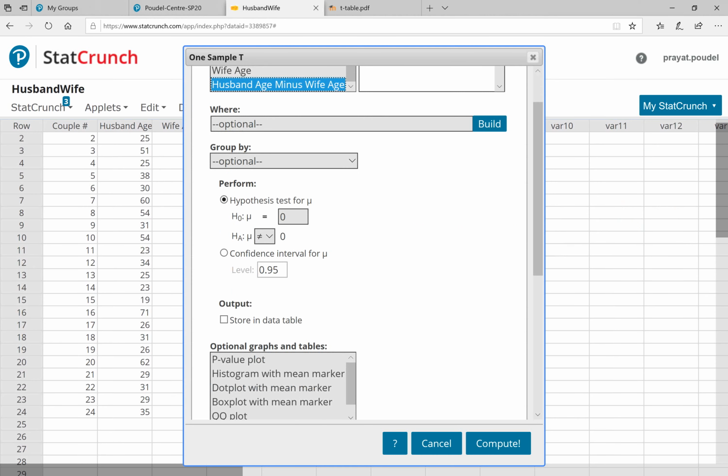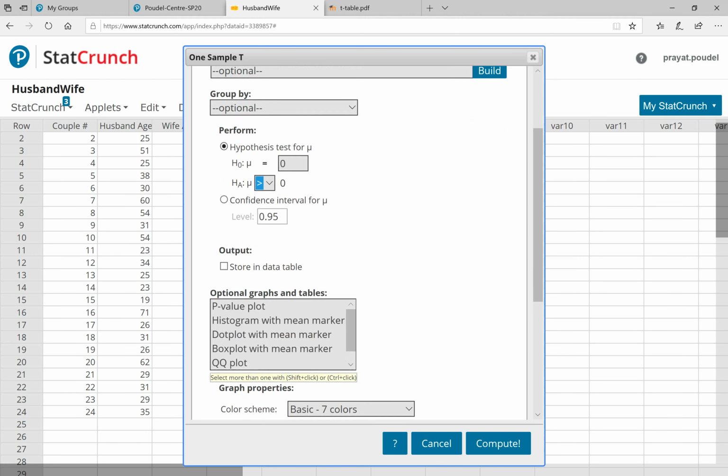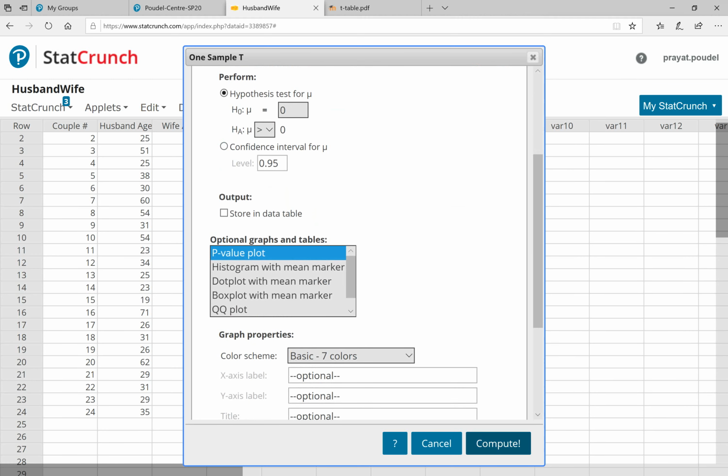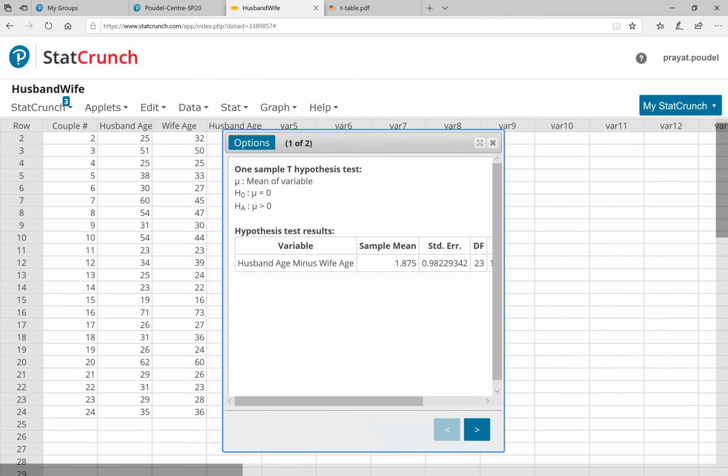Now the hypothesis test is mu equal to 0 as the null hypothesis, and the alternative hypothesis, the one we're trying to see whether the data provides evidence for, is whether the population mean exceeds 0. And as usual, I'm going to ask StatCrunch to give me a p-value plot because I like a nice picture with p-values. This is right-tailed, so let's go ahead and compute that.